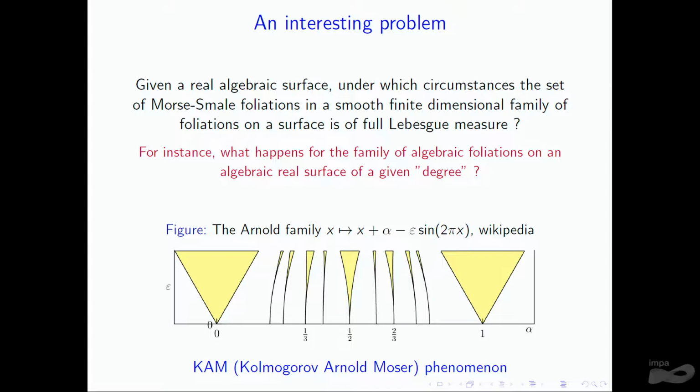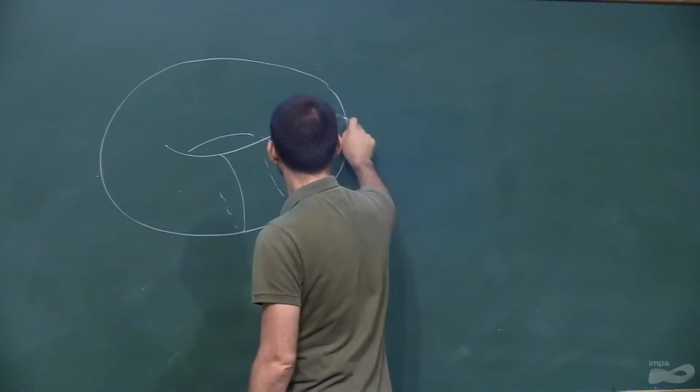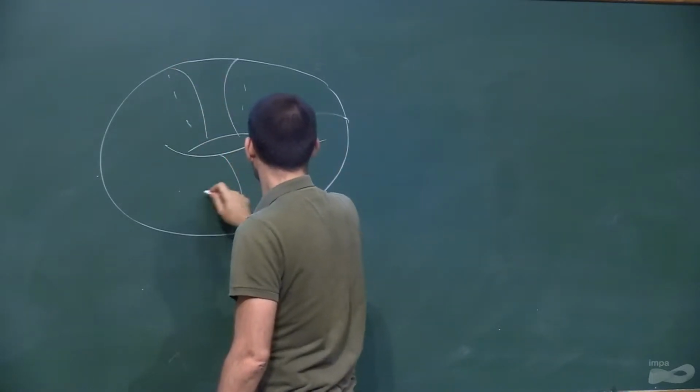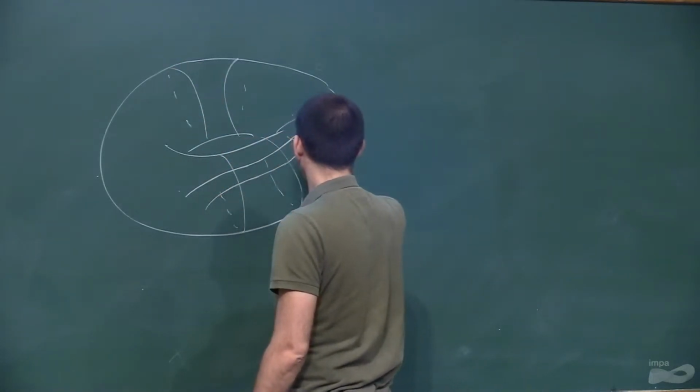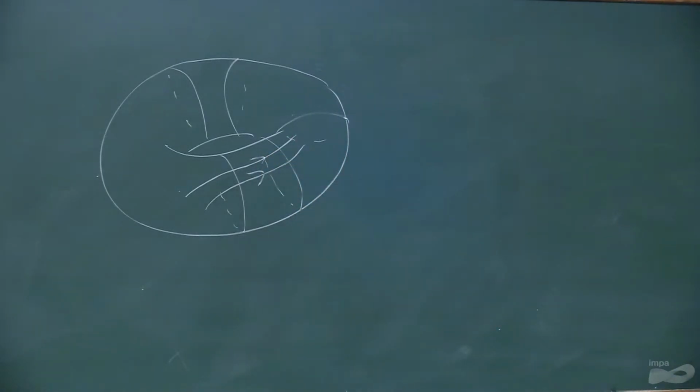If you take a differential equation, a vector field on a torus, you might consider those that are transversal to a fibration by circles. Namely, the trajectories are transversal. I consider the case where there is no equilibrium point either.